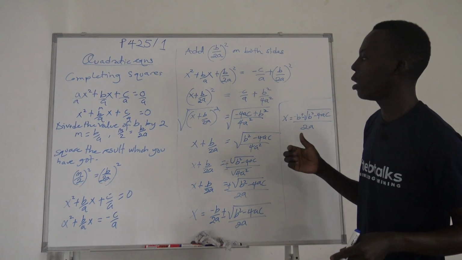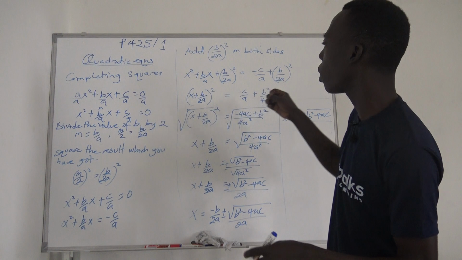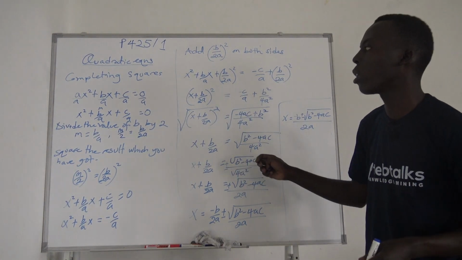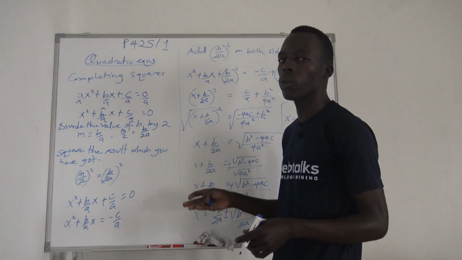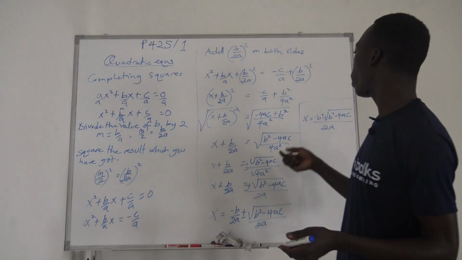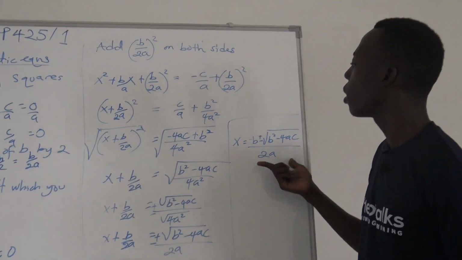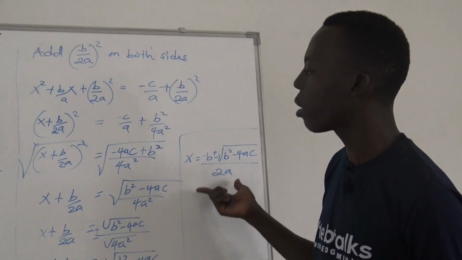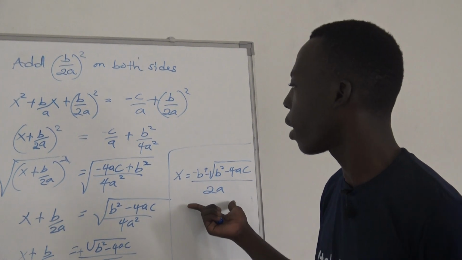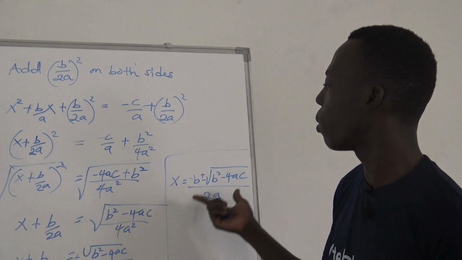So when you are dealing with these questions of quadratic equations, and they have said that you solve the equation, if they have not instructed you which method to use, you can just put in the values of a, b, c, and you get the answers. You have that x1 and x2 to be got from this one.